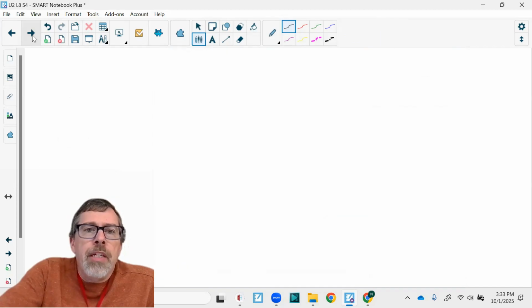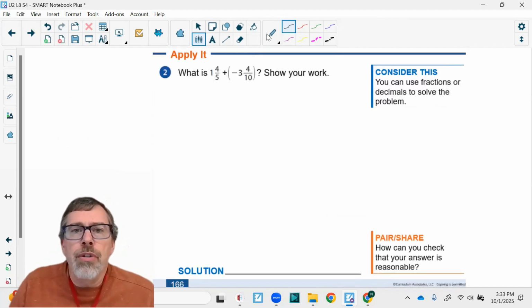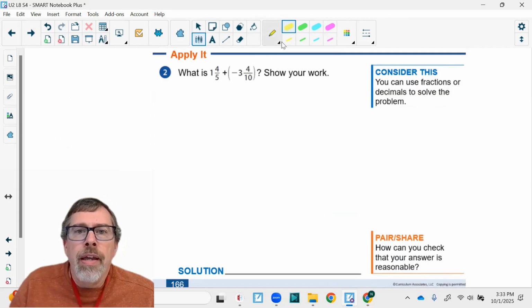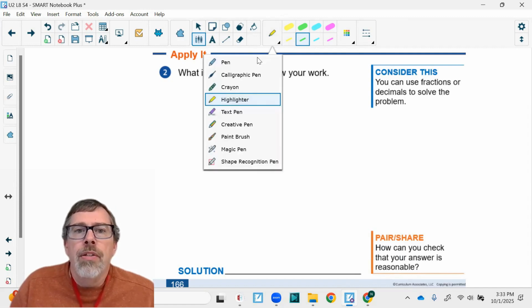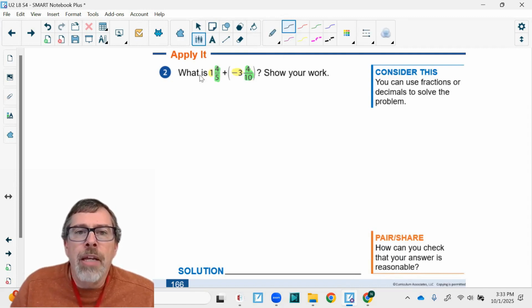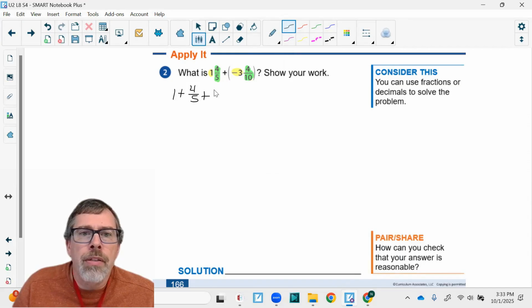Okay, next problem. So we're just going to continue doing the same process. So I'm going to get my highlighter out. 1 is the integer, -3 is the integer, 4/5 is the fraction or the rational portion. So is that one. So I'm going to rearrange them and split them up. So I'm going to say 1 plus 4/5 plus -3 plus a -4/10.